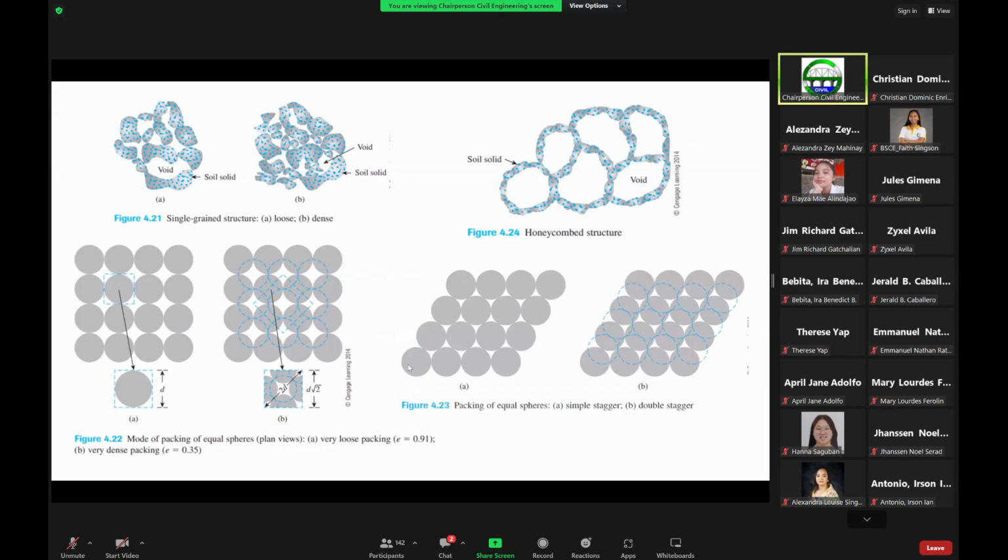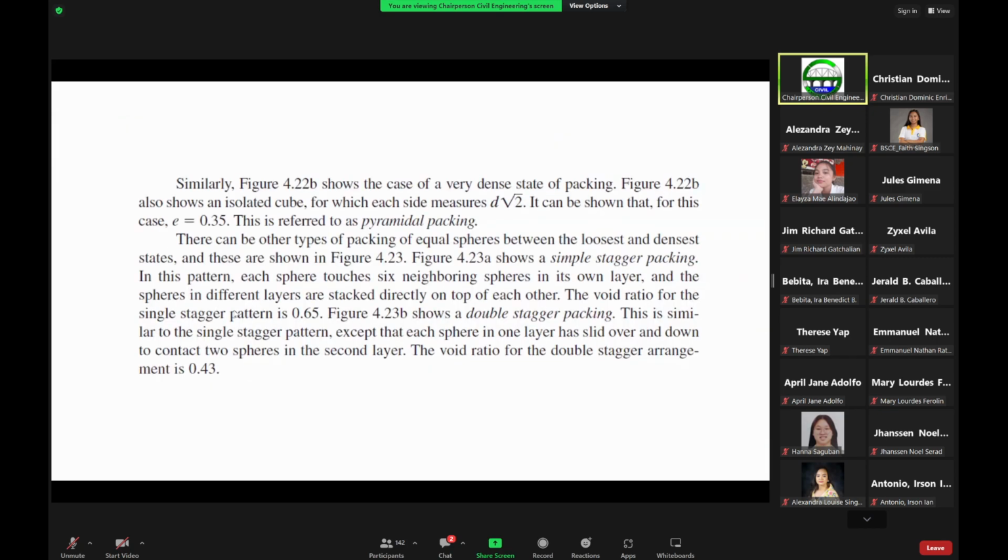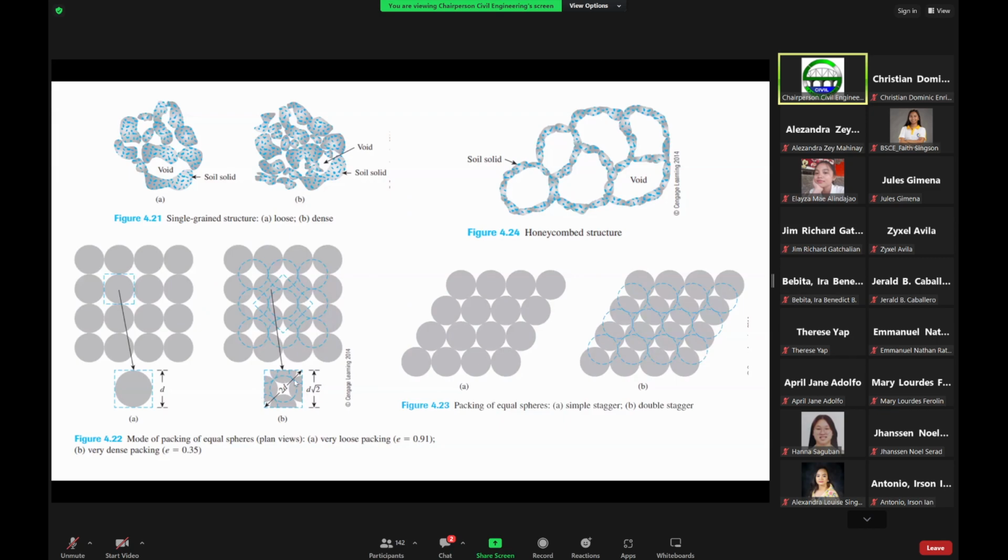So for the very dense state of packing, we can isolate a cube, going back here. So we try to cut a cube in such a way that the cube is comprised of half of each of these spheres.